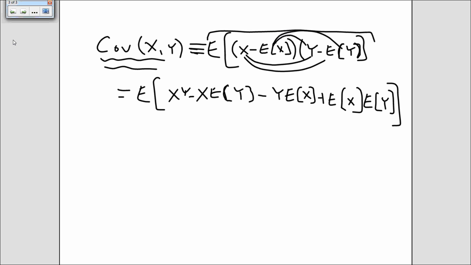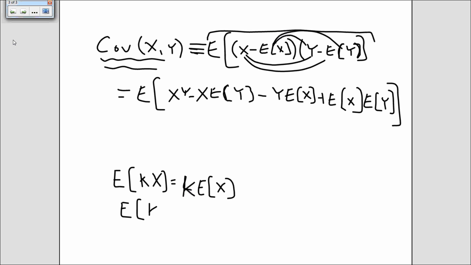Now, we need to remember a couple of things. The expected value of a constant times x is just the constant times the expected value of x. And the expected value of just a constant is the constant. If the random variable x is always 9, 9, 9, 9, 9, what would you expect the expected value to be?